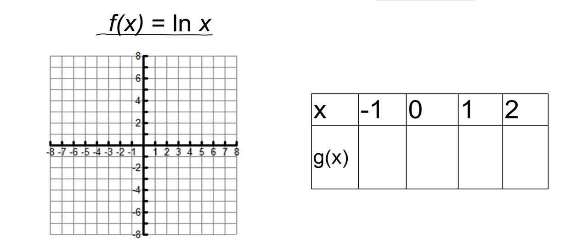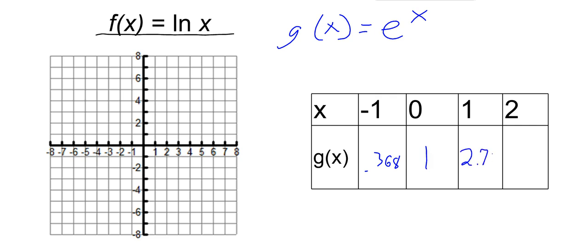So a clear example here for you. Graphing f of x equals the natural log of x. Well, I'm going to think of the inverse first. So the inverse is g of x, which is e to the x. So again, we get 0.368. Anything to the 0 power is 1. Anything to the first power is itself. And e squared is 7.38.